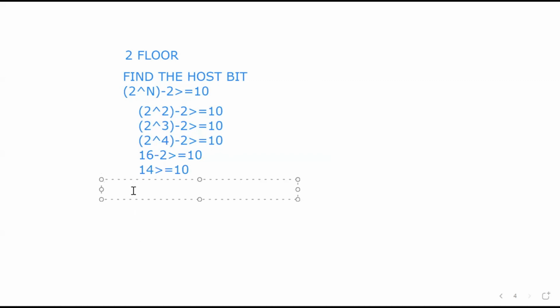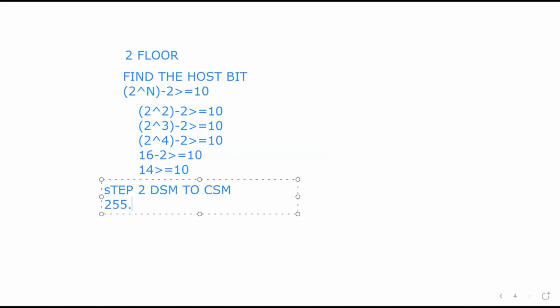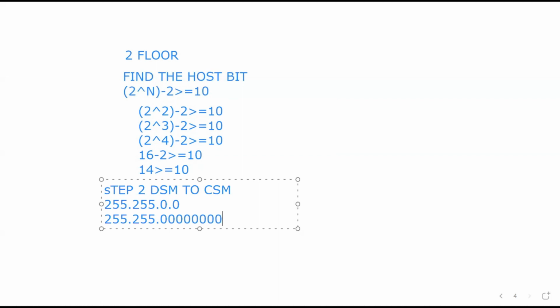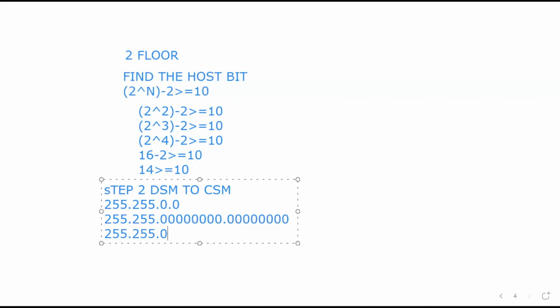Then step 2, DSM to CSM. 255.255.255 dot, what is the value of n? 4. And put the value here, 4 host bits, so the last octet is 240.